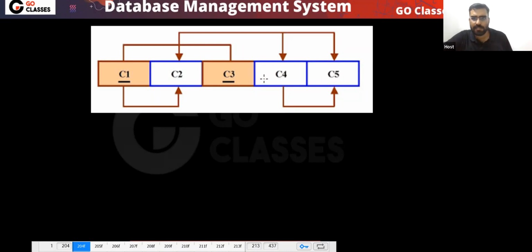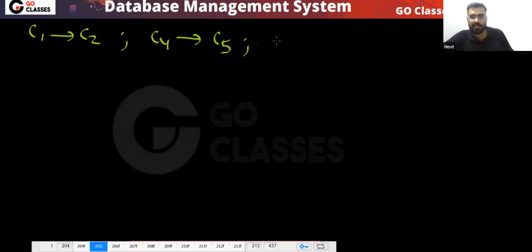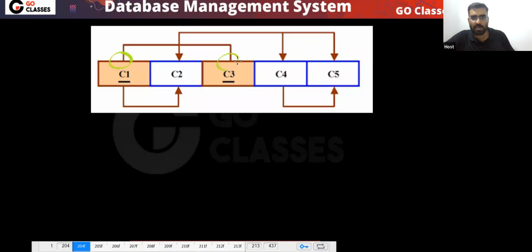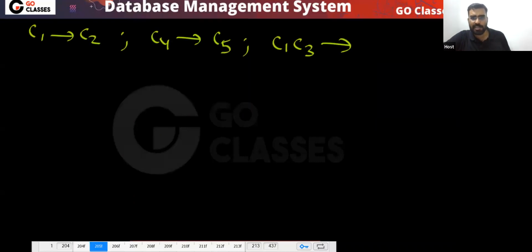C1, C3 determining C2, C4, C5. Remember, please understand, the left side of the arrow means LHS and the right side means RHS. So C1, C3 determining C2, C4, C5.